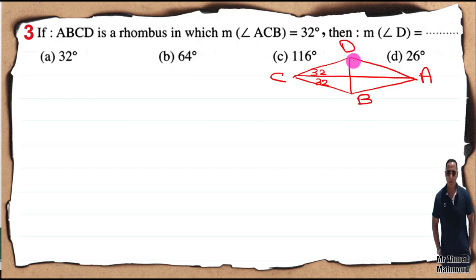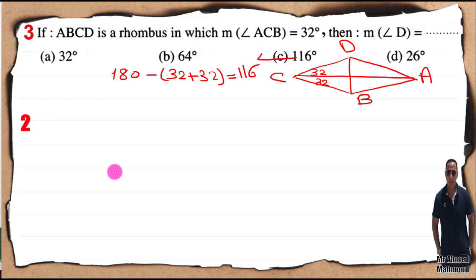Now I need the measure of angle D. Angle D equals 180 minus the sum of 32 plus 32, which equals 116. So this is choice number C.